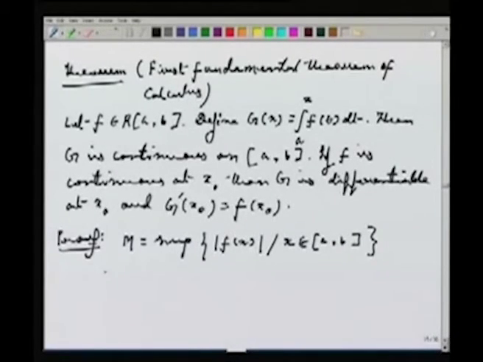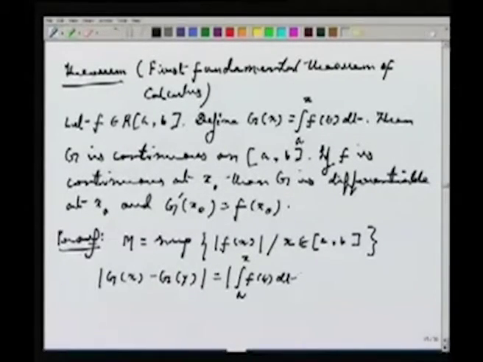Now I start with modulus of g(x) minus g(y). If I just write it down, it is modulus integral a to x f(t) dt minus integral a to y f(t) dt. Using a previous result, this is same as modulus integral x to y f(t) dt.